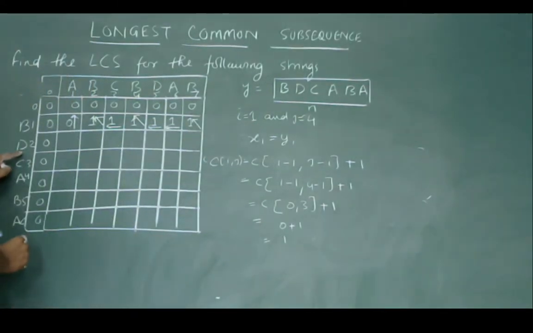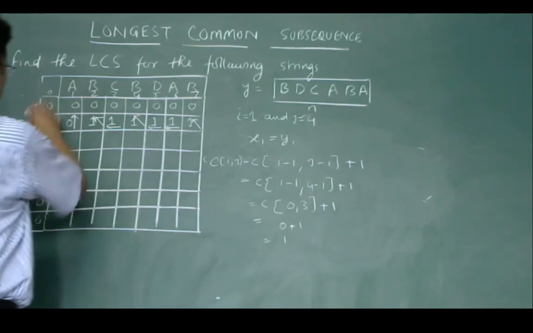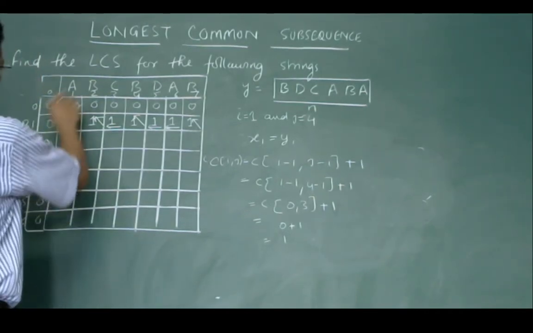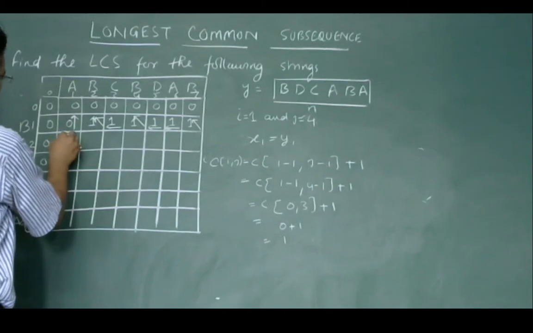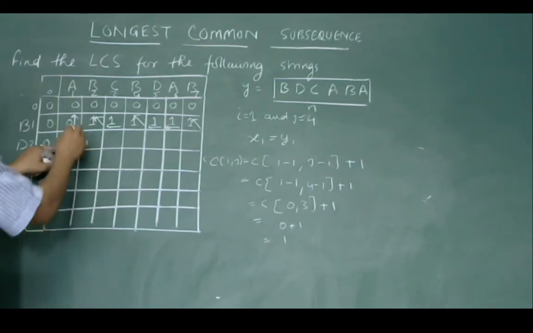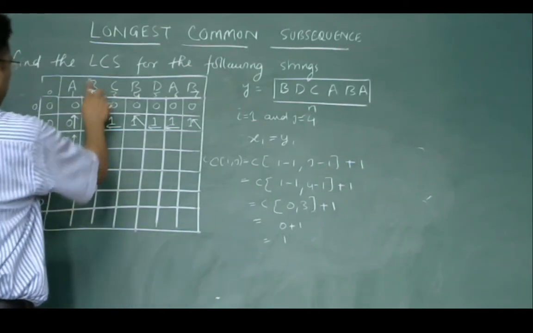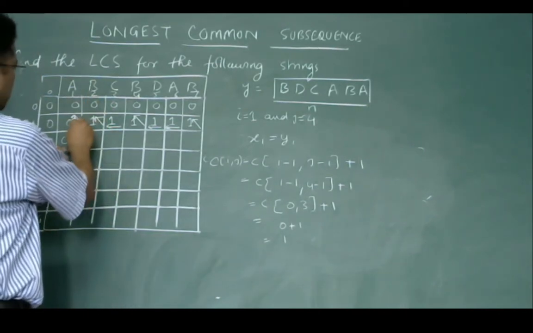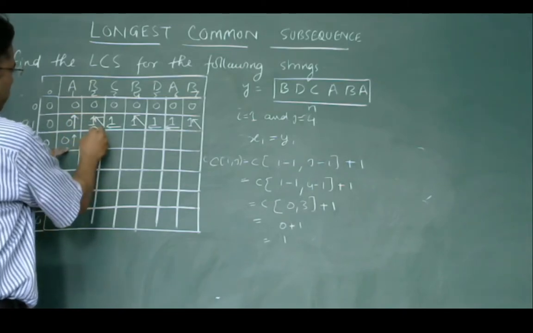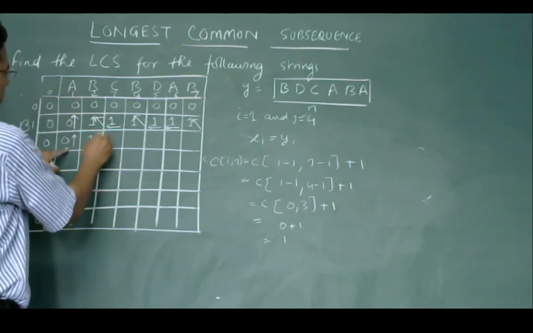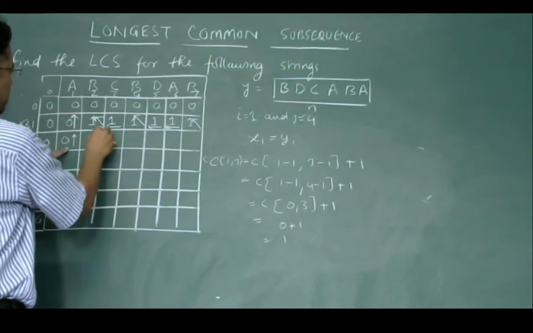Now in the second row, third row, D and A no match, so 0, and the arrow would be in the upward direction because both are equal. D and B no matching, then among these two the greater value is 1 and place the arrow in the upward direction.